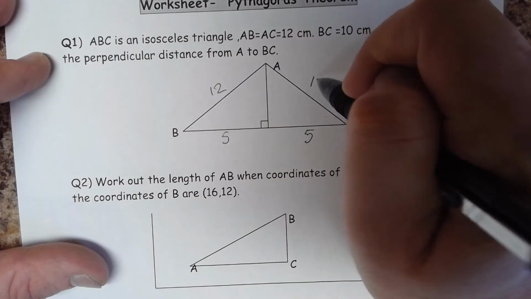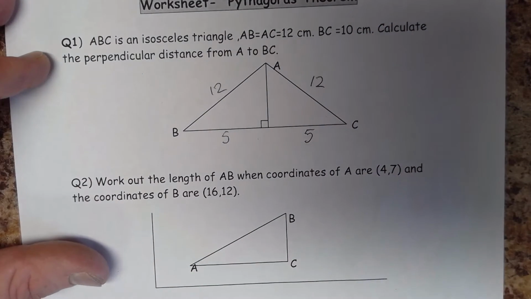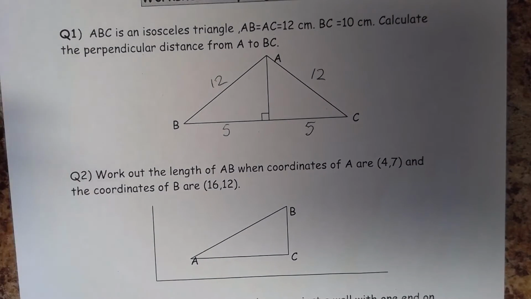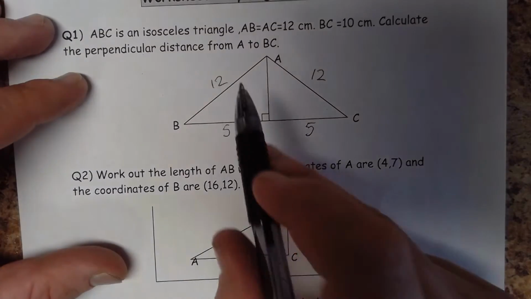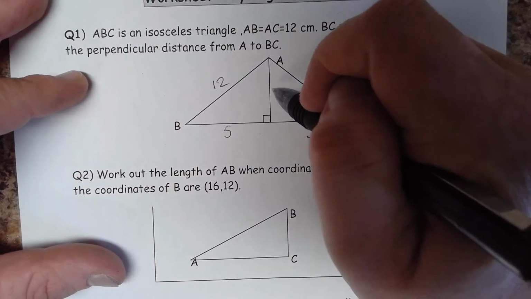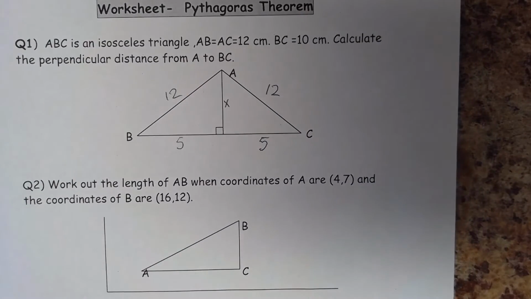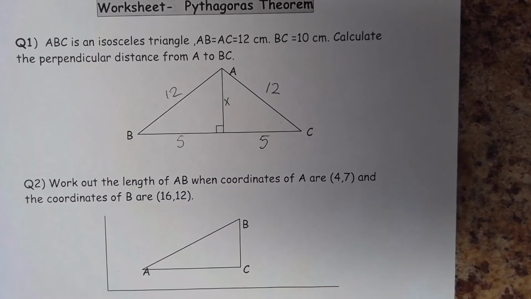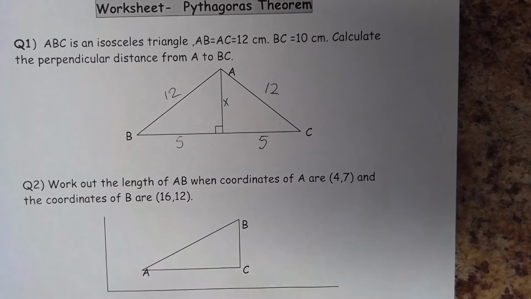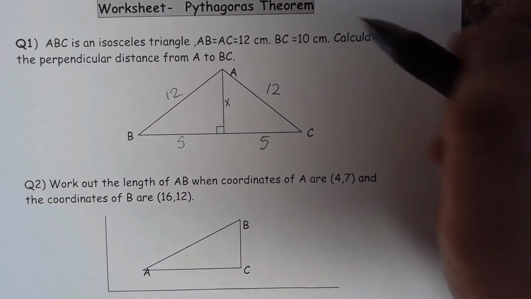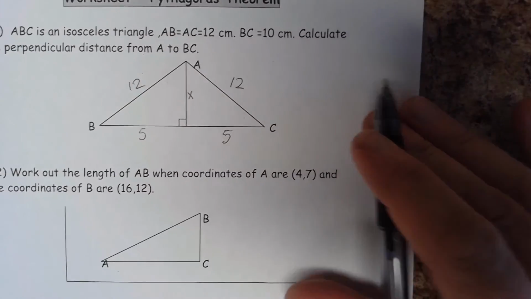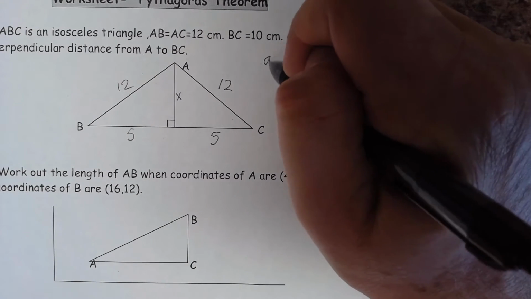Now, this is not the best drawing, right? These sides should be a bit longer. But anyways, I digress. We're looking for the guy in the middle. That's what we're trying to find. So this is the short side, and 5 would be the middle side. Let's just do our math right along here.